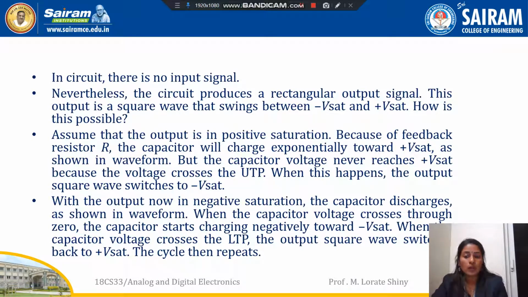When the capacitor voltage crosses the upper threshold voltage, the output voltage switches back to minus Vsat.